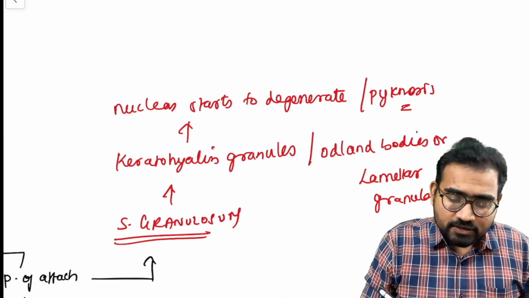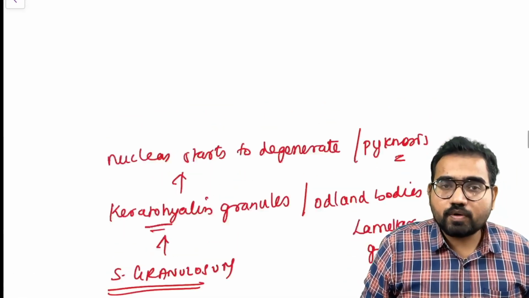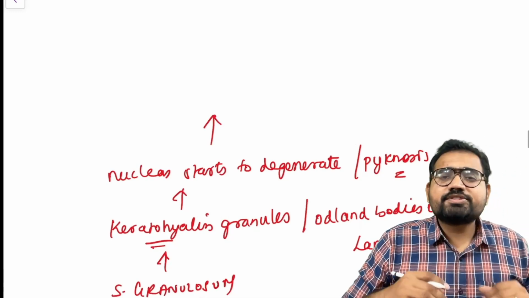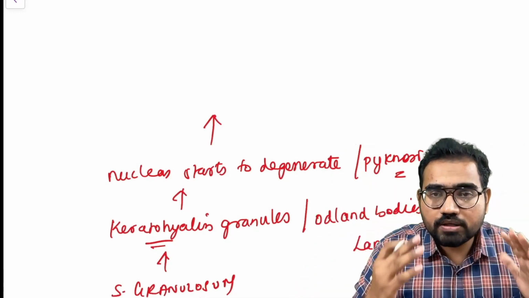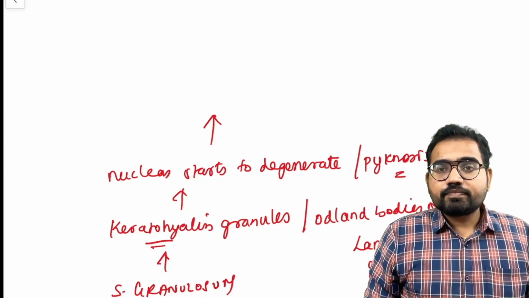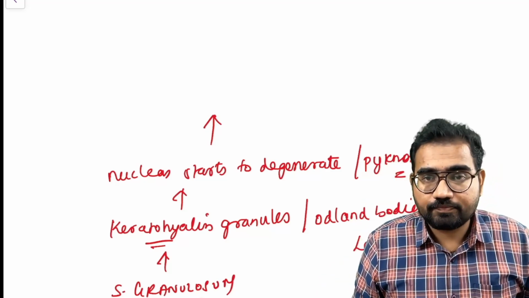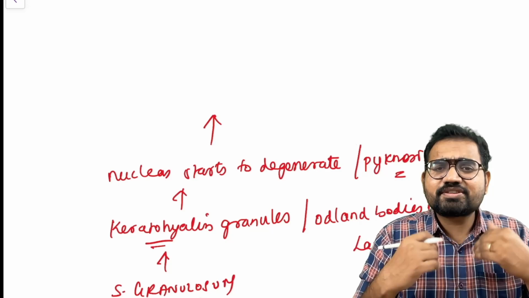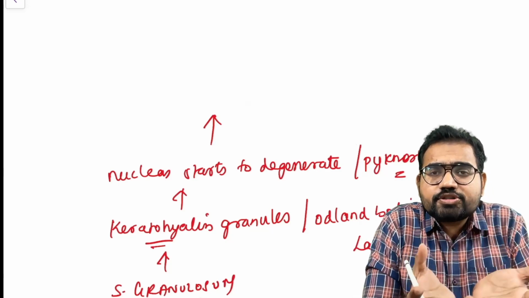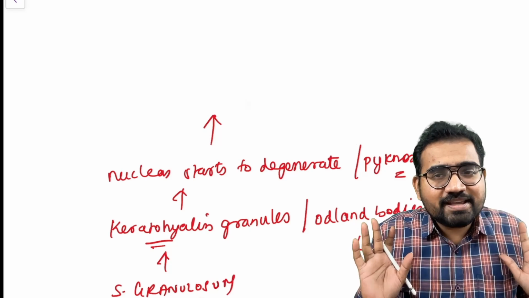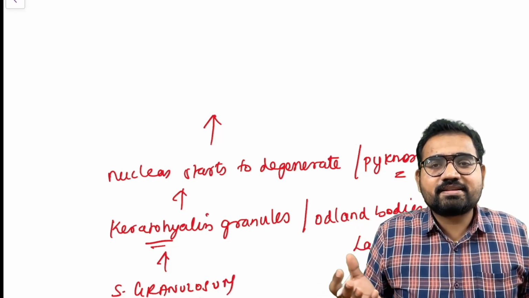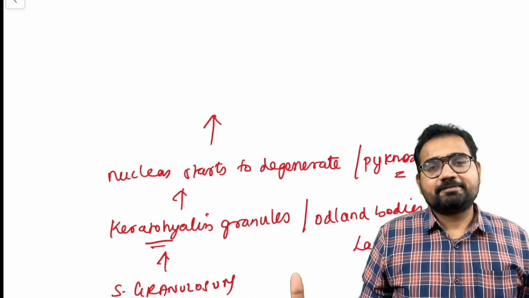Very simple, right? So these keratohyalin granules just discharge all the contents of the cell on the topmost aspect of stratum granulosum. When I say discharge all the contents, that means the cell is dead.